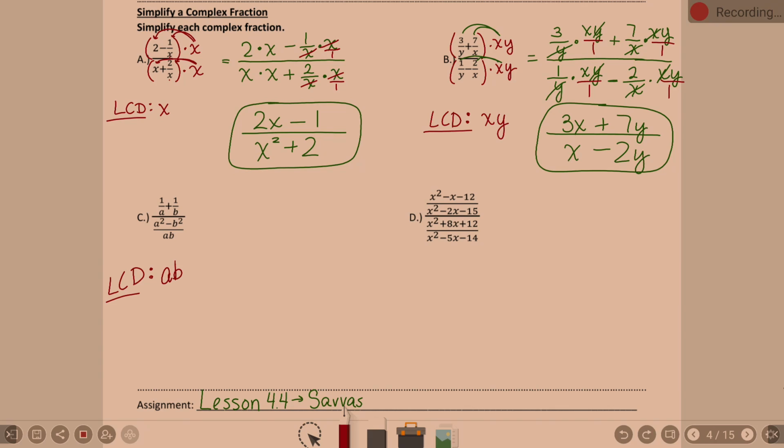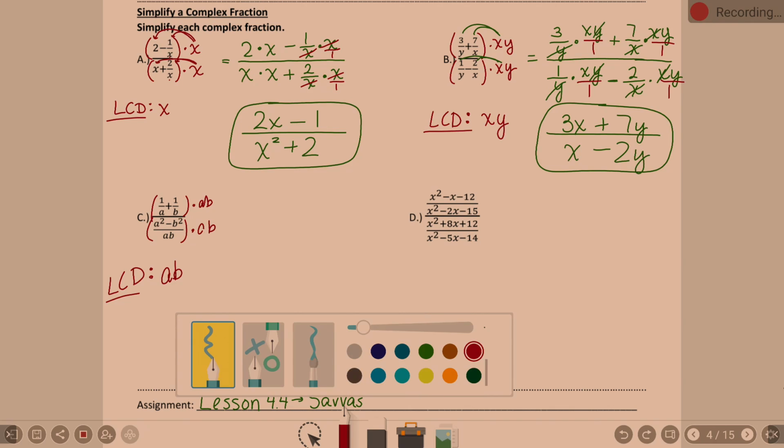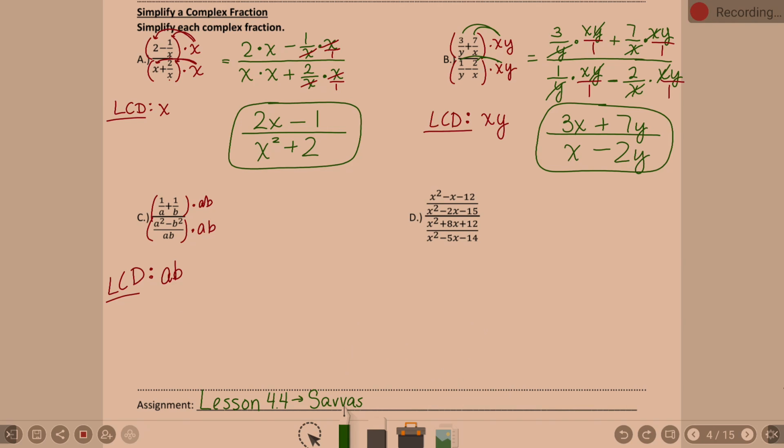Okay? So, multiplying everybody by AB. On top, 1 over A times AB plus 1 over B times AB.